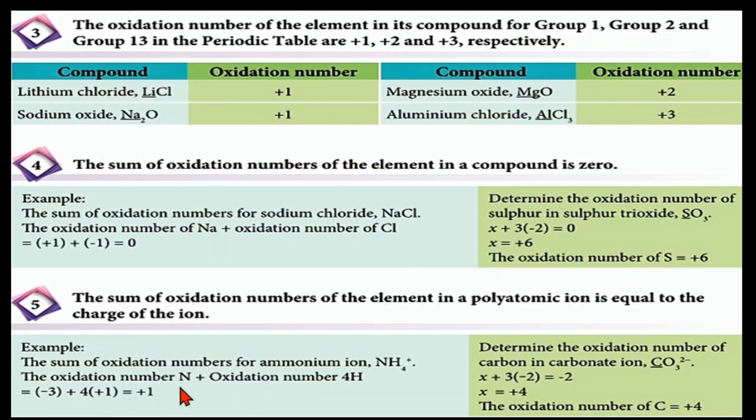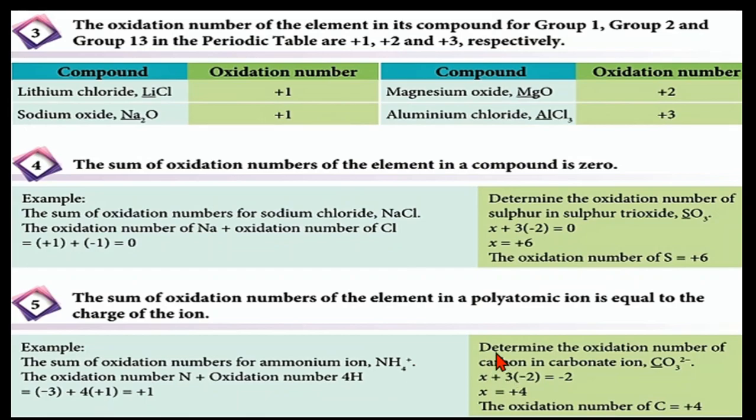The oxidation number of N is negative 3. The oxidation number of hydrogen is positive 1, times 4 gives 4. So 4 plus negative 3 becomes positive 1. So the total charge of NH4+ is equal to the charge of the ammonium ion, positive 1.